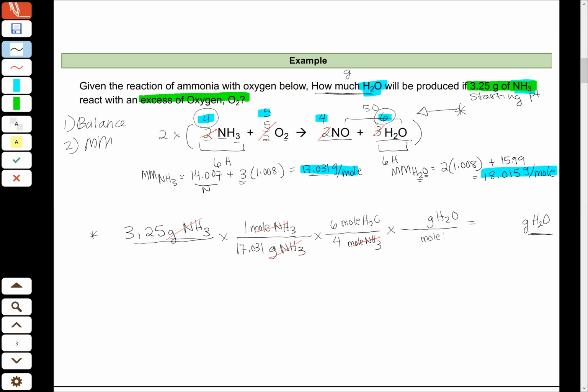Percent yield is just our actual yield that we measure in lab after we complete a reaction or an experiment, divided by a theoretical yield. And that theoretical yield is the number we get or predict out of a stoichiometry problem. So this is what you can calculate. And you will always need to be given the actual yield, or given the percent yield to find the actual yield.